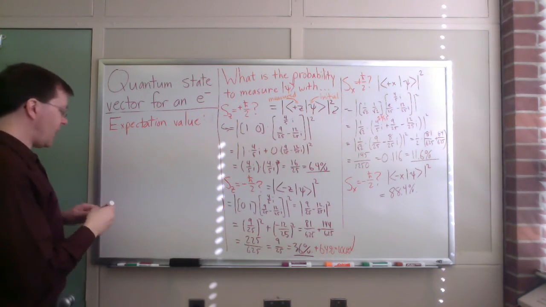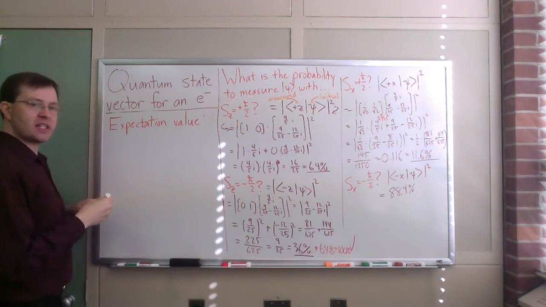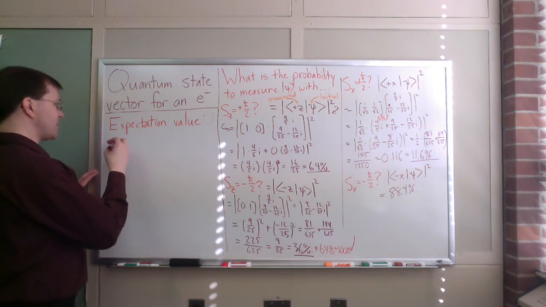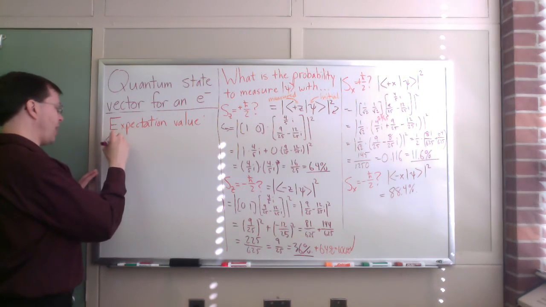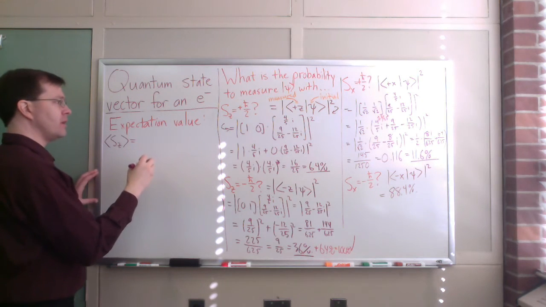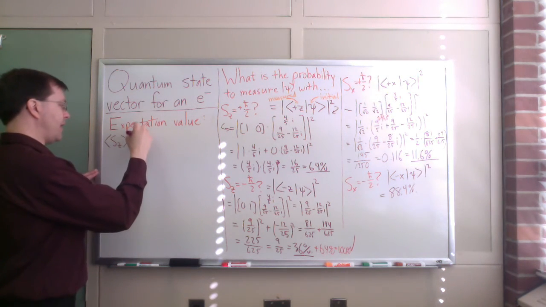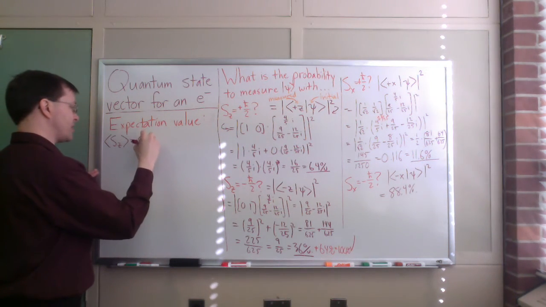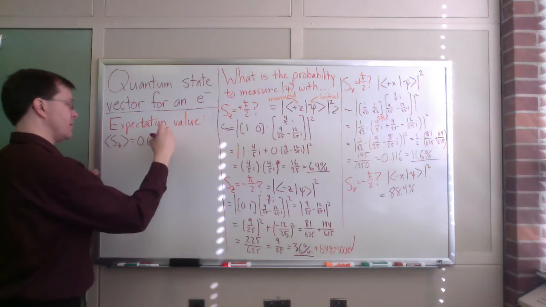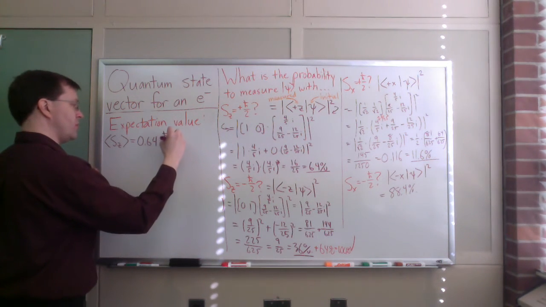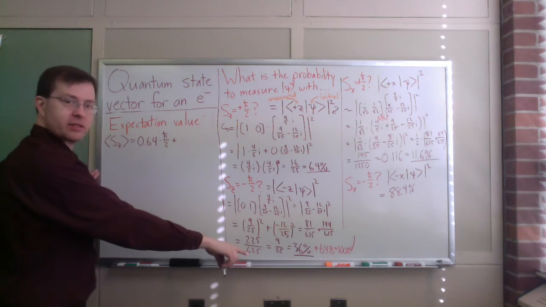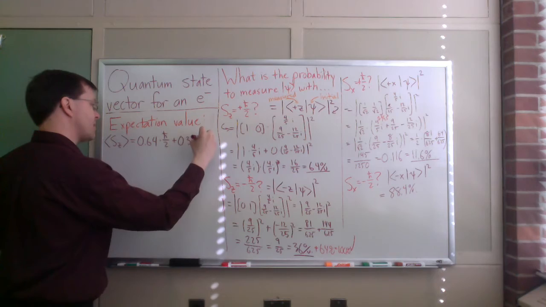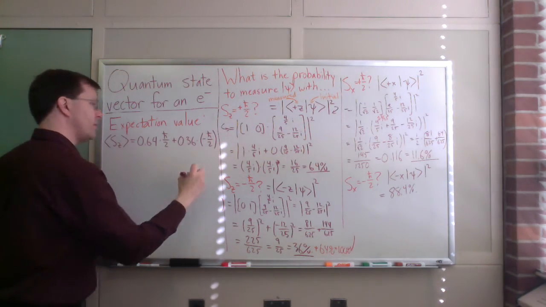is really simple. I just say the expectation value is the average value. I take the probability of each outcome and multiply it by the number I'd get. So the expectation value for Sz, for example, is the probability of h bar over 2, which is 64%, so 0.64 times h bar over 2, plus the probability of the minus case, that was 36%, so 0.36 times minus h bar over 2.